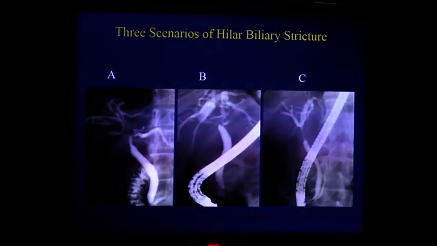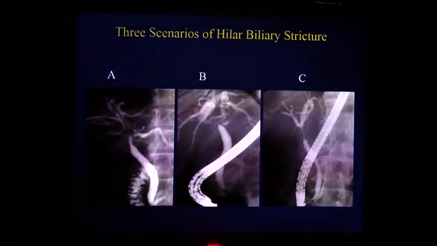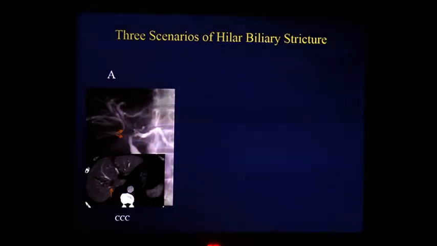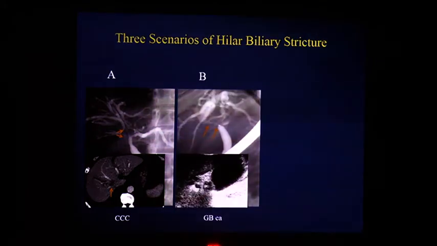So you have three scenarios of bile duct stricture, 1, 2 and 3. And our effort is to see what is the diagnosis. We saw some interesting cases presented yesterday, unusual cases of bile duct obstruction. So here, when you do other investigations, you find there is a mass lesion and it's an intrahepatic cholangiocarcinoma which is leading on to a stricture.